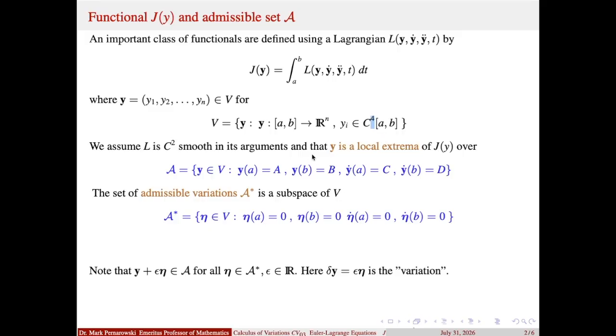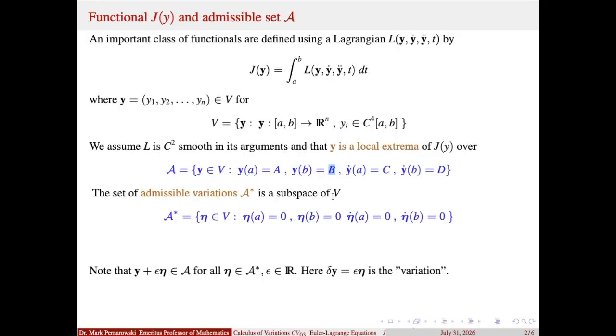Okay, we're going to look at this functional on an admissible set. The admissible set will be all the y's in that vector space that, at t equal a and t equal b, are pegged at endpoints. So this a here is actually a vector, and b here is a vector too, for all the components of y.